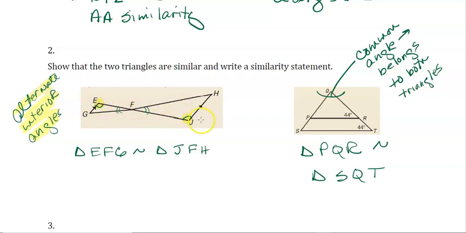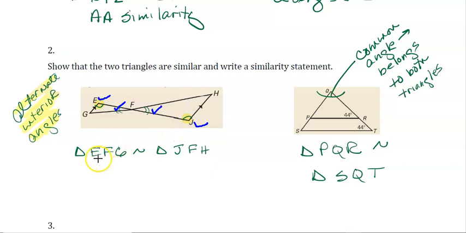With parallel lines, I also get these alternate interior angles. So I now have, grab my pen again, I have angle-angle similarity because I've got this angle equals this angle, and I have this angle equals this angle. So I had vertical angles here and alternate interior here.